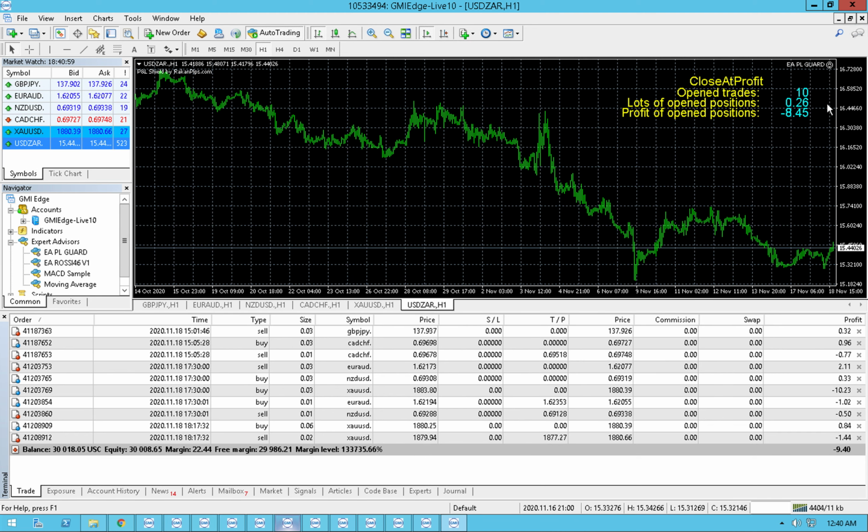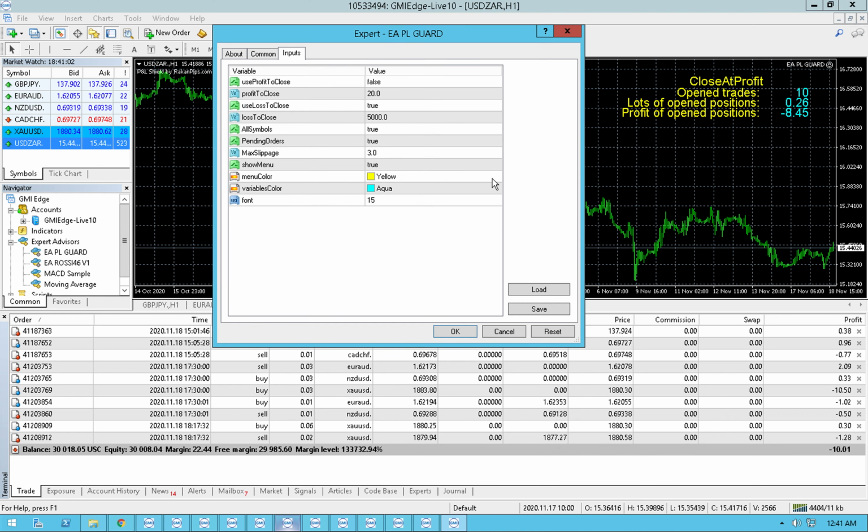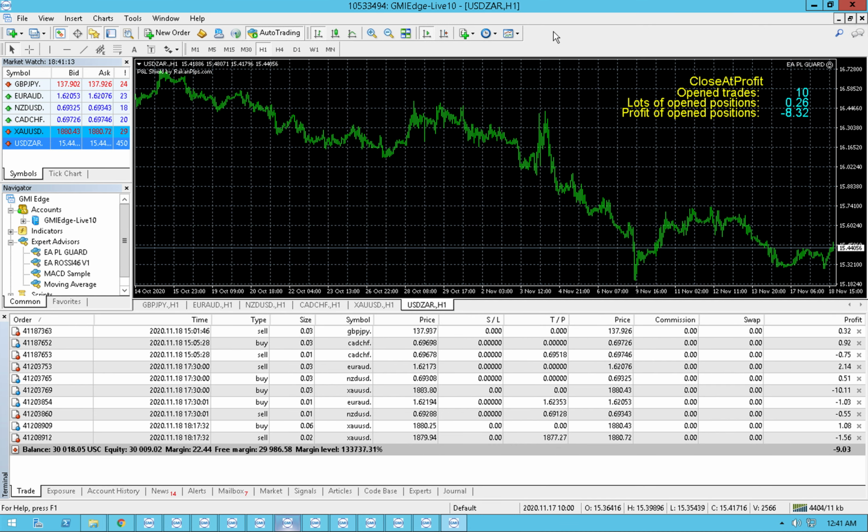When you have this PL guard EA attached to your chart or any account, you can have peace of mind, because you don't have to worry whether the pair is going to go crazy tonight, and every morning you need to wake up and check whether your account is safe or not.